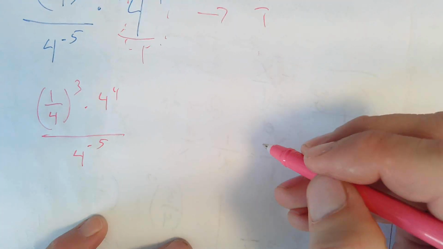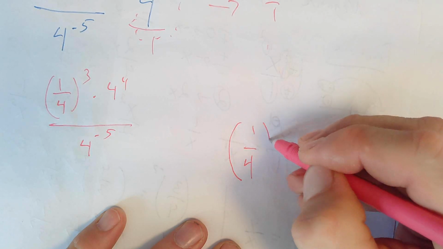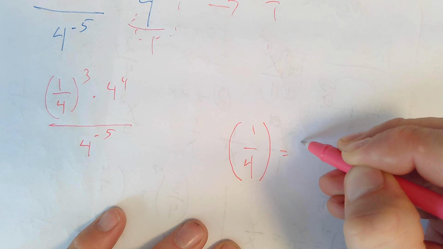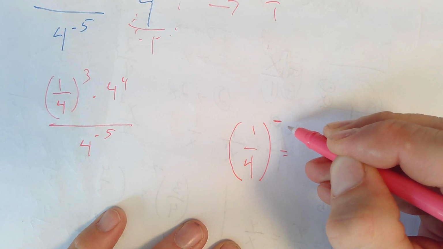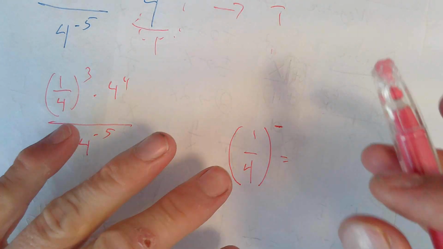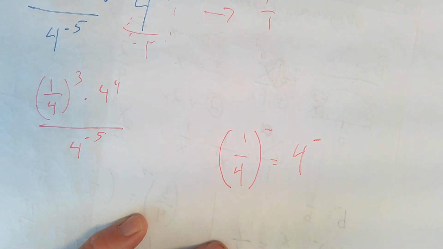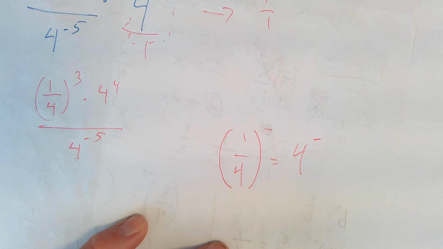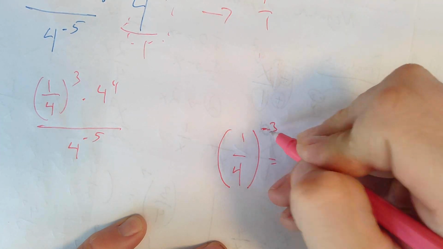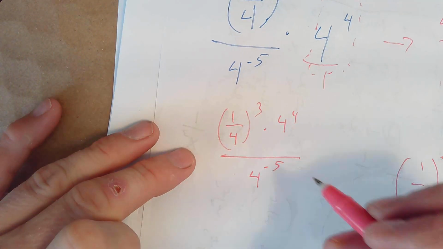Well, if I took 1/4 and I flipped the fraction, it just becomes 4, but it's inverted, right? So if I put that in front of it, it equals that.